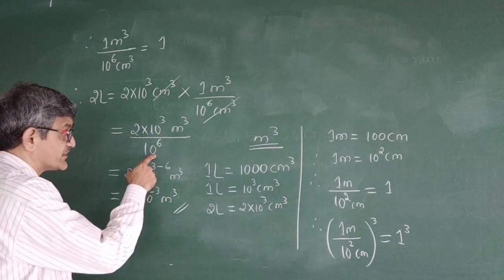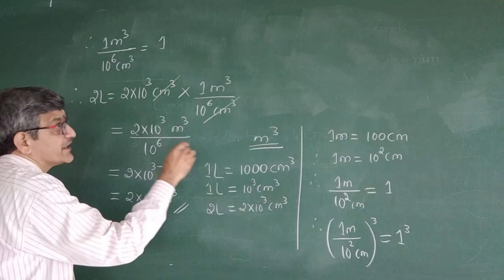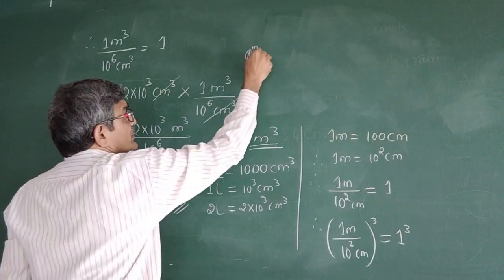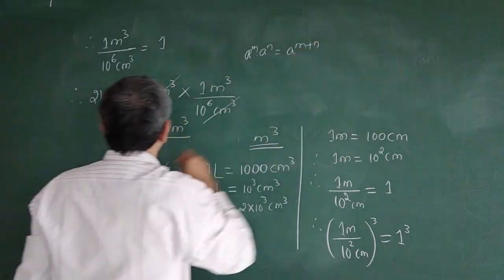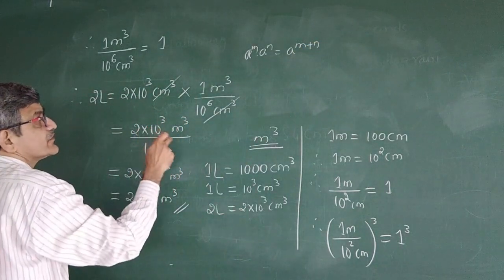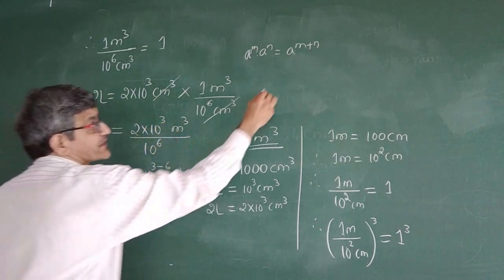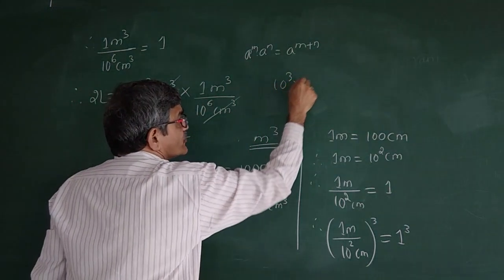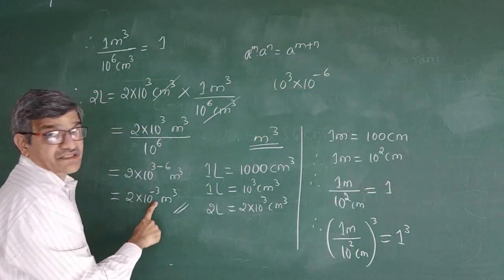I hope you have studied this. 10 raised to 6 in the denominator becomes 10 raised to minus 6 in the numerator. e to the power of m into e to the power of n is e to the power of m plus n. Our formula. So when you take this, what happens? 10 raised to 3 into 10 raised to minus 6 is 10 raised to minus 3.